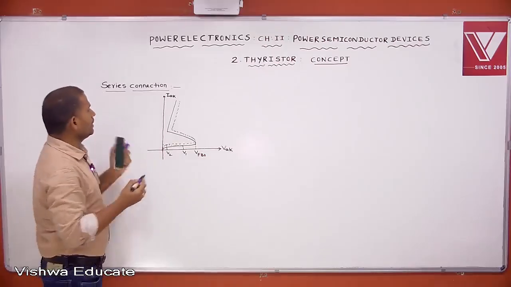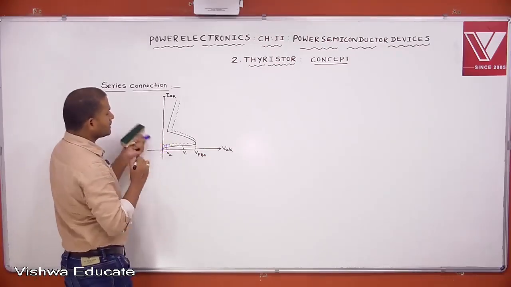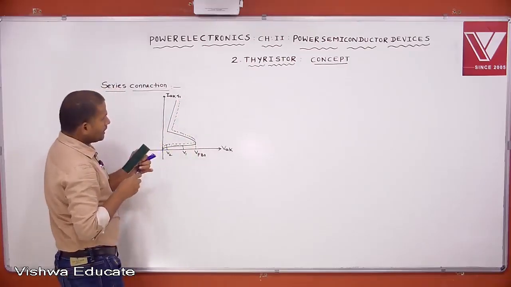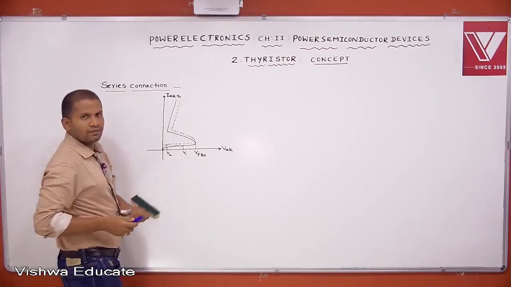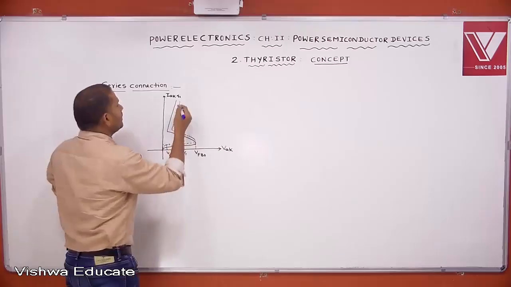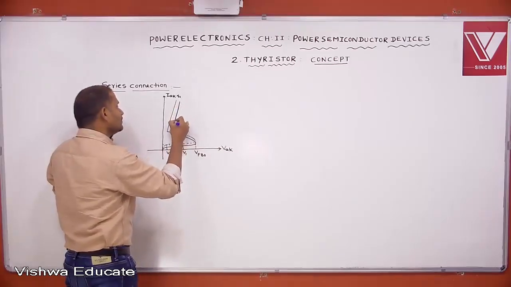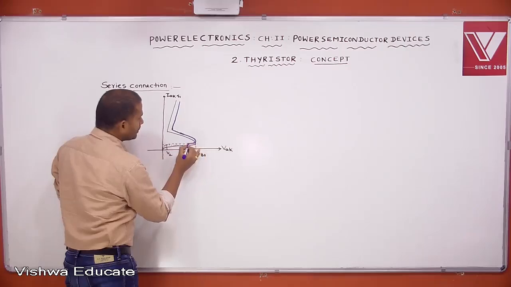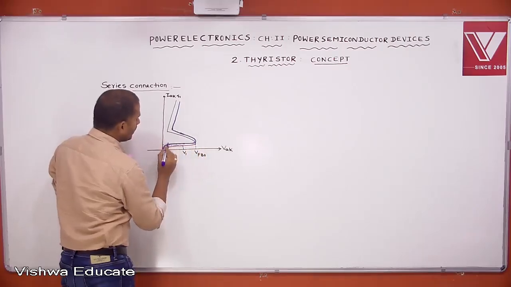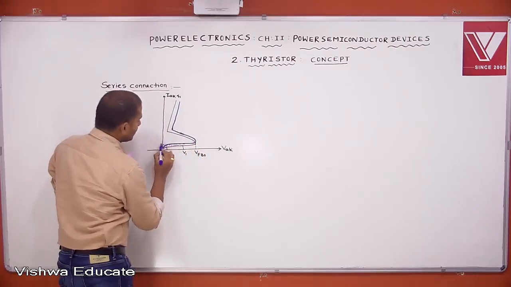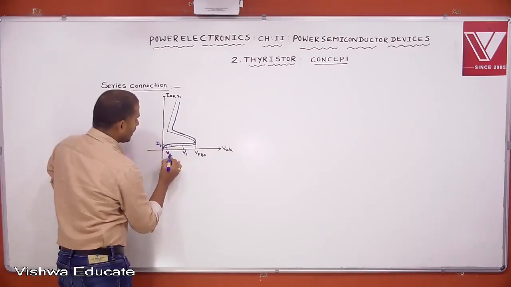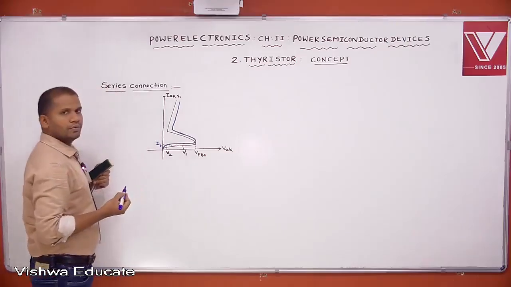This is the static VI characteristics of thyristor T1, and this is the static VI characteristics of thyristor T2. For the same leakage current IB, T1 is blocking the voltage V1 and T2 is blocking the voltage V2.